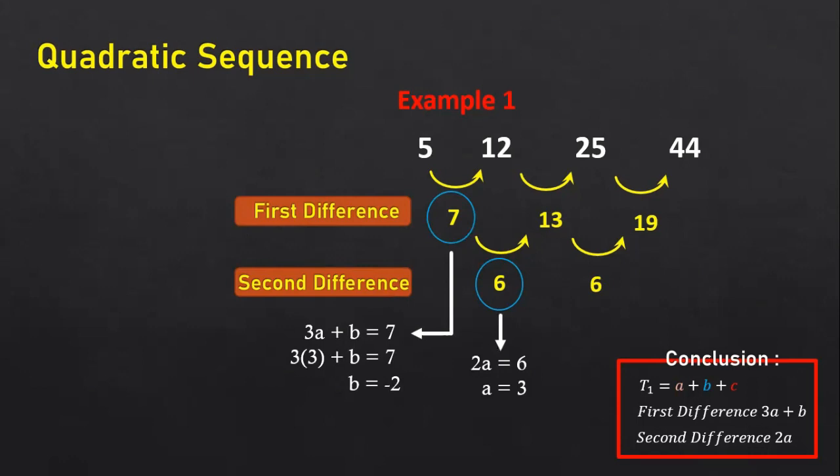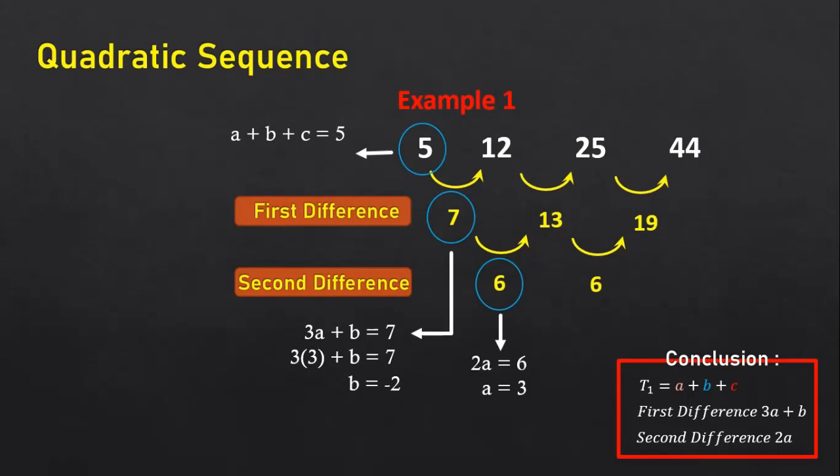So what's next, students? Yes, we go to the first term. The first term is 5. Based on the conclusion, the first term is A plus B plus C. So A plus B plus C equals 5.